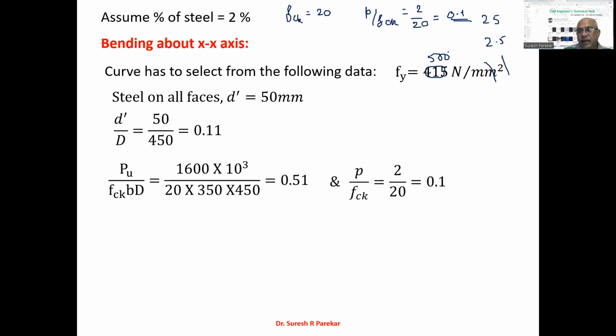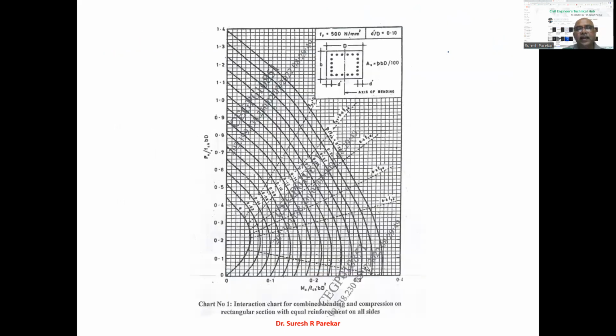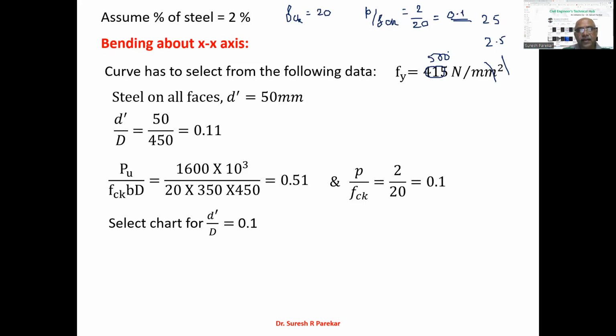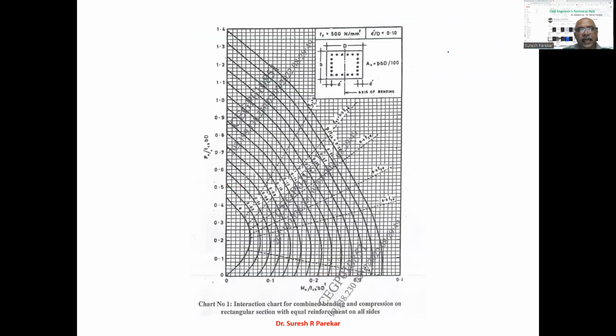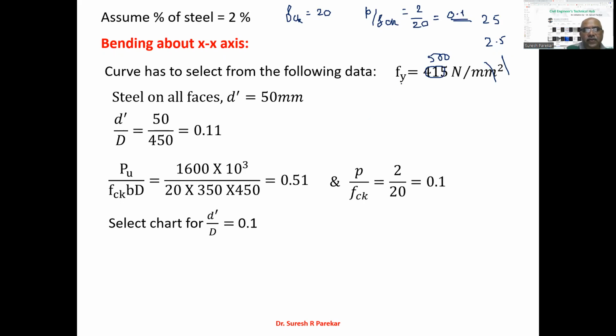P by FCK already mentioned, we have 0.1. So we have to use the chart, that is D dash by D 0.1. And then D dash by D 0.1 and D dash by D 0.15. And for these two, we have to interpolate the values.